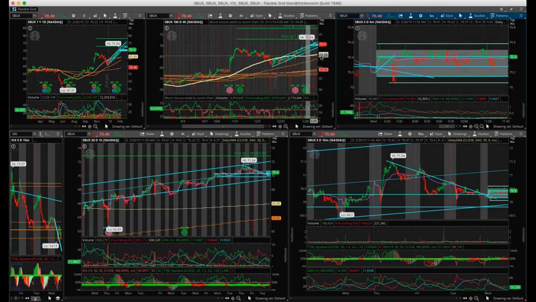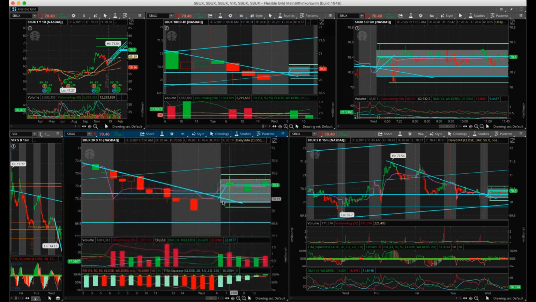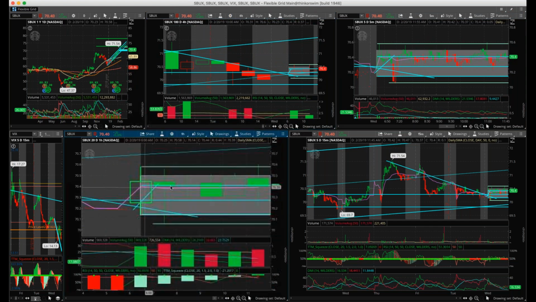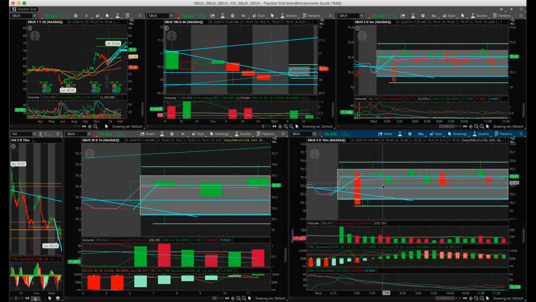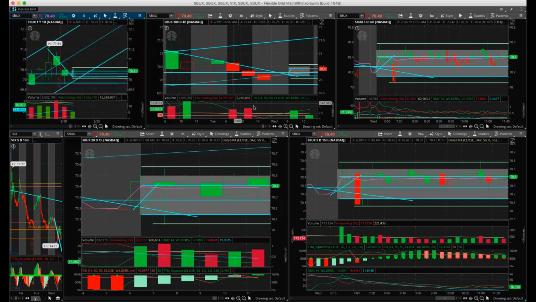And if we would have waited, look at this, sideways all day. So if we would have waited for this or held our calls, it would have been a lot less than what we paid for them because of this sideways chop. Sideways chop all day would have ate our premium.